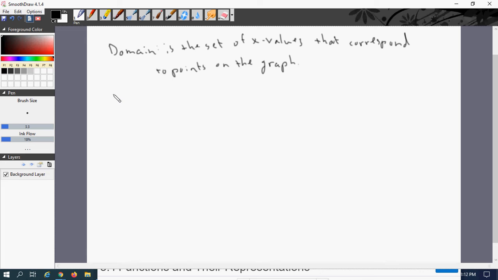And then of course the range is the set of y values that correspond to points on the graph. So these are the two definitions that we need to put into our setup.